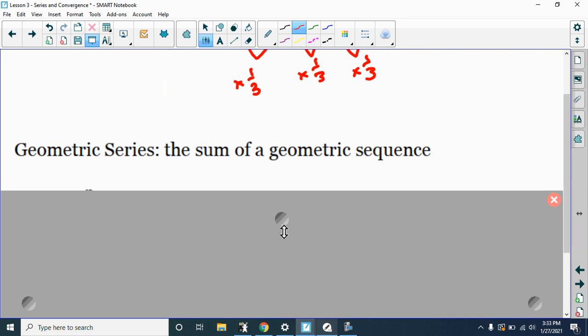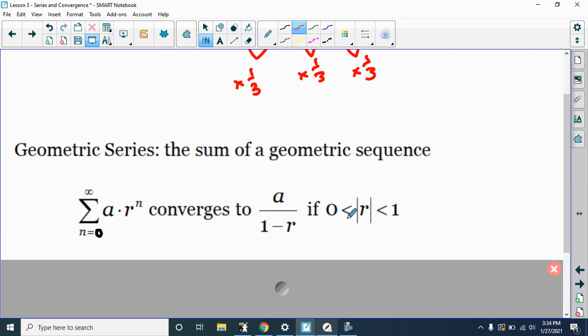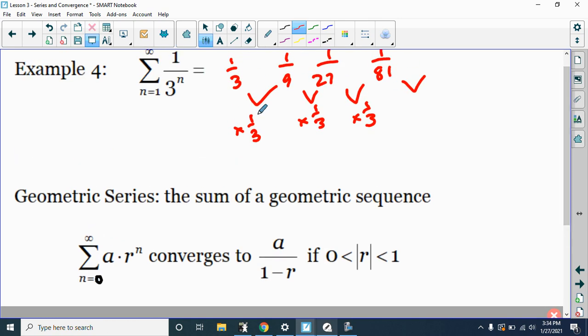A geometric series, first of all, it converges only if its R value is in between 0 and 1. If this common ratio, this thing that we're multiplying by over and over again, if the absolute value of it is between 0 and 1, then it converges.